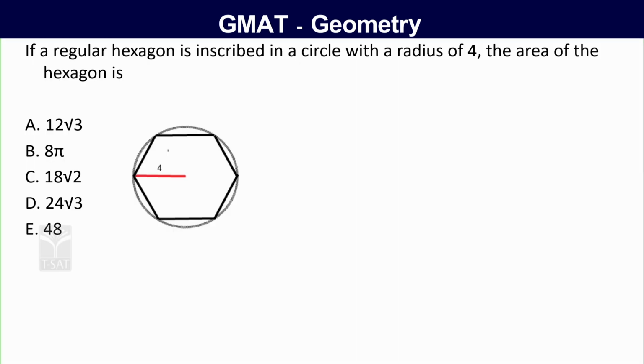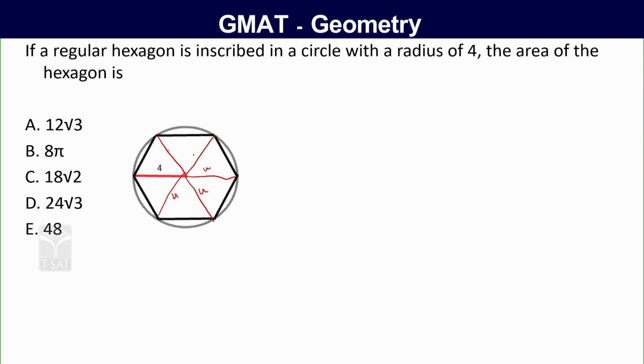If a regular hexagon is inscribed in a circle with radius 4, the area of the hexagon is. So when we join the edges of the hexagon to the center, we see that each of these is also equal to the radius, that is 4 units.